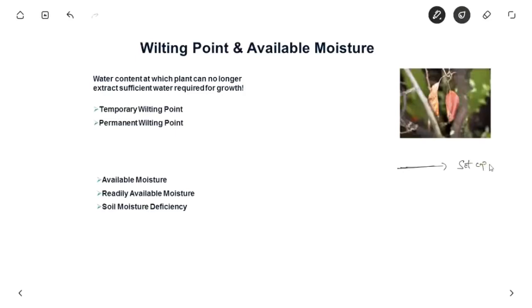Let us say this is the saturated capacity level, the water content, and after some gravitational water has passed out, we have field capacity. And again after some time, we get the capillary water, and that water is available for the plant, and this is known as available moisture.